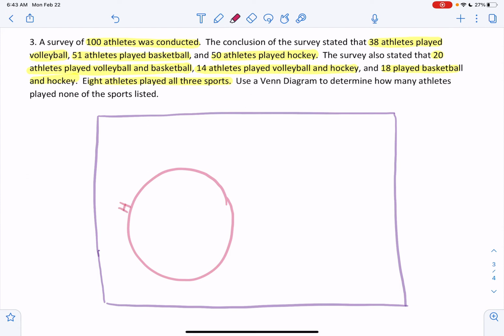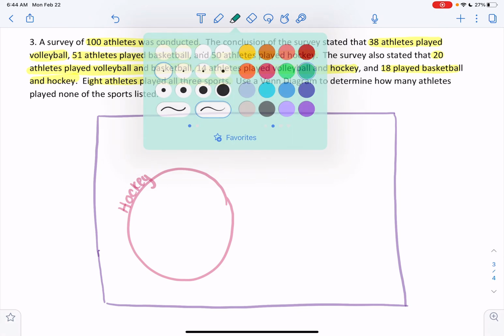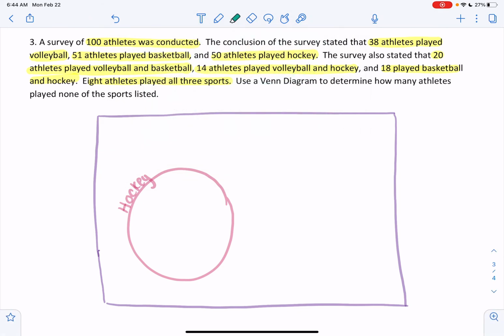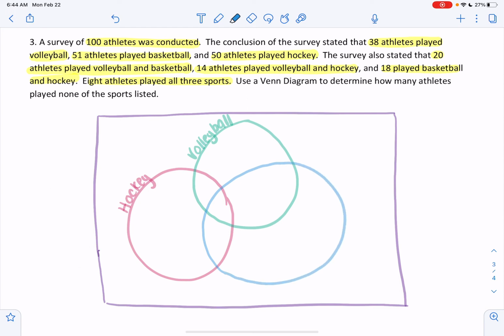It doesn't matter which one you make which one, as long as we put the right numbers in there. Here's the next one, and we'll call that the volleyball one. Let me make sure I overlap them enough. Then I have the basketball one.